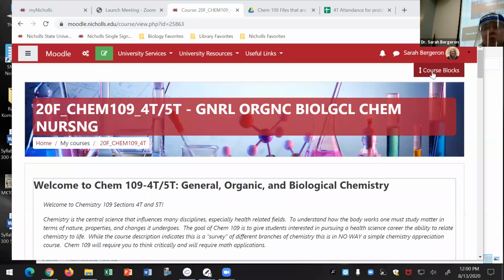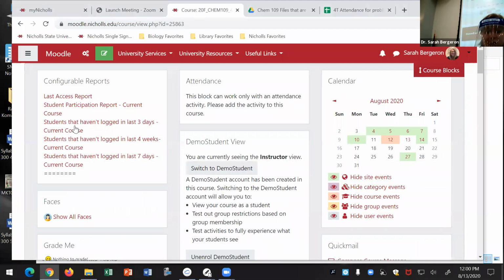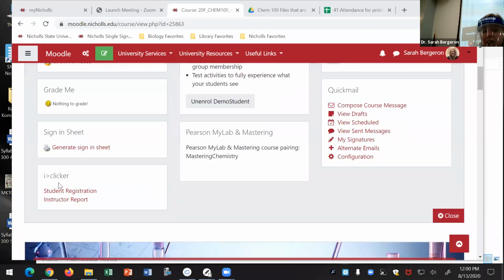So go to your Moodle page, I'm showing you on the screen, and click on this course blocks right here. It drops down and you should see something that says iClicker, and then you click student registration. You should be able to register your handheld clicker, okay? Questions about that?